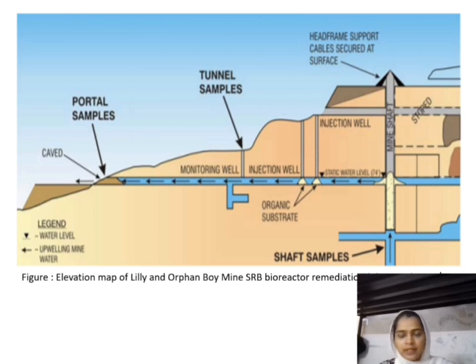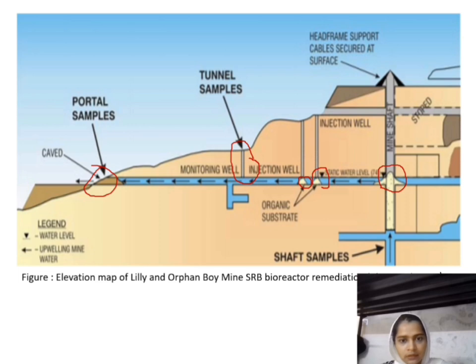In this model, the substrate is added in three places. One is in the main shaft, which is here, and another one is downwards, and the water will come first. It will move through the first plug of substrate that we have plugged here, and after that, it will go to the second and third plug, and it will move further to the drainage.